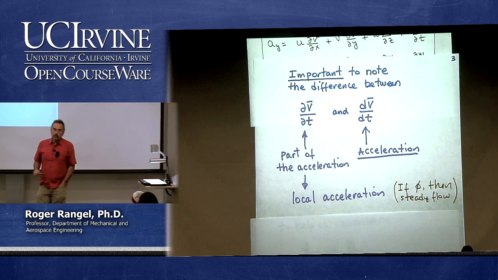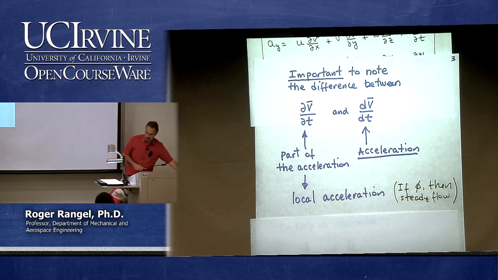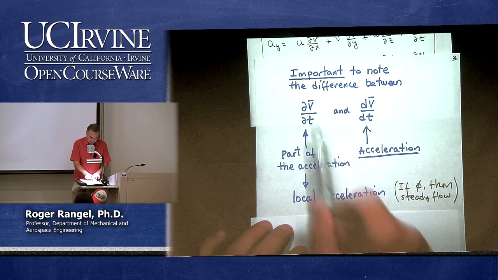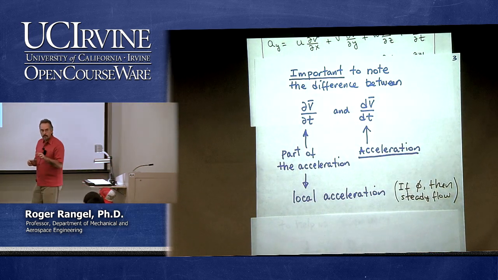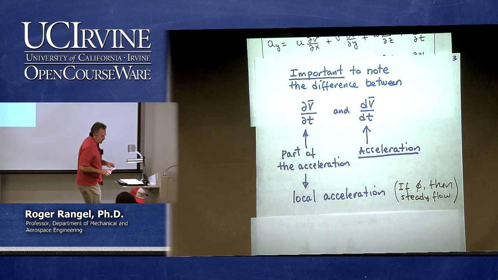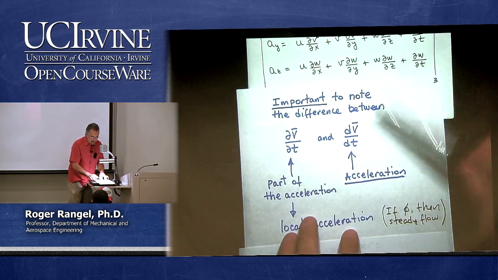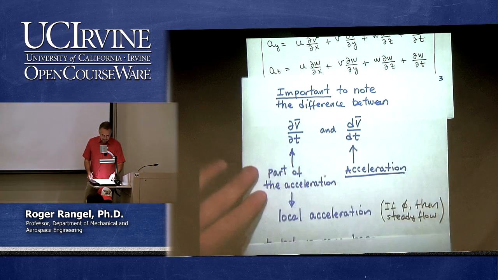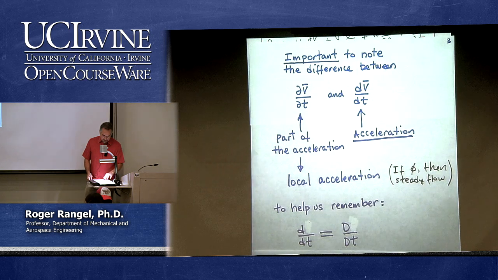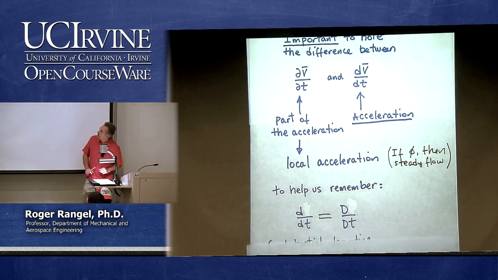And there is one thing we do to help us not to mix these two things up. Or another way to say it, to remember that this total acceleration has all those terms in there. To help us remember that, we change the notation that we use.